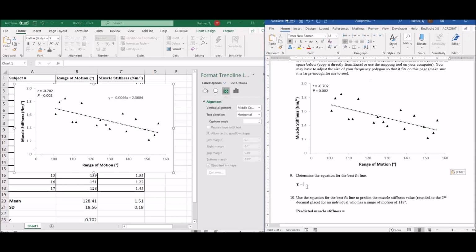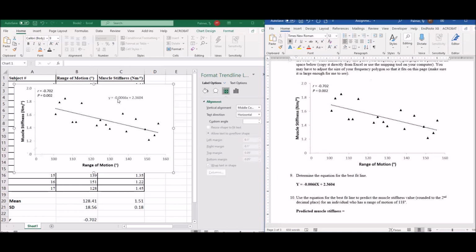So let's go ahead and input this equation down below for question 9. I've already got the starting point here, y equals, and then you can proceed to type in the equation: negative 0.0066 x, or a capital X, whichever one you want is fine, plus 2.3604.